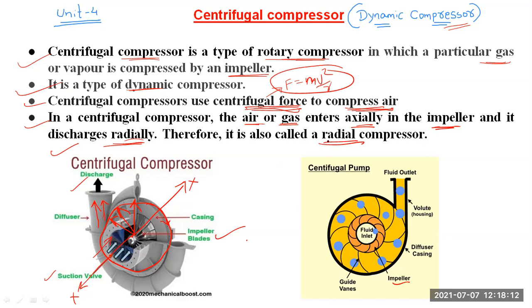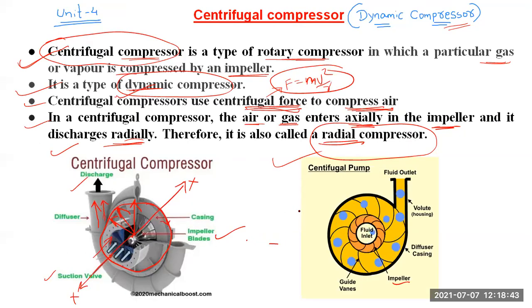So centrifugal compressor, dynamic compressor and radial compressor are all the same. In the question paper, they can mention radial compressor, centrifugal compressor, or dynamic compressor. All these three names are exactly similar.